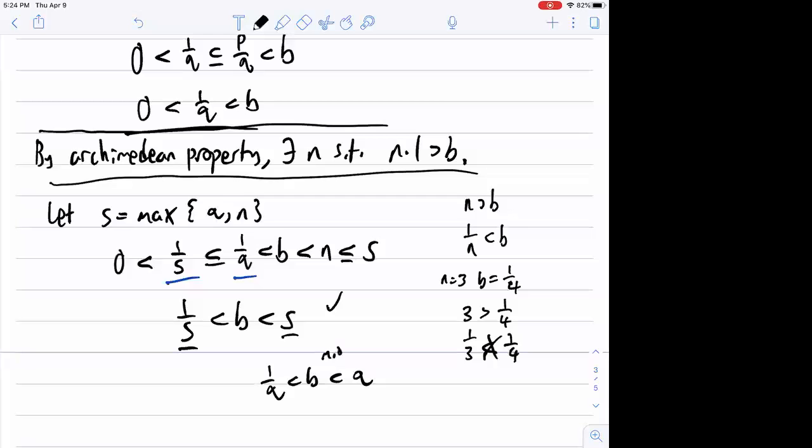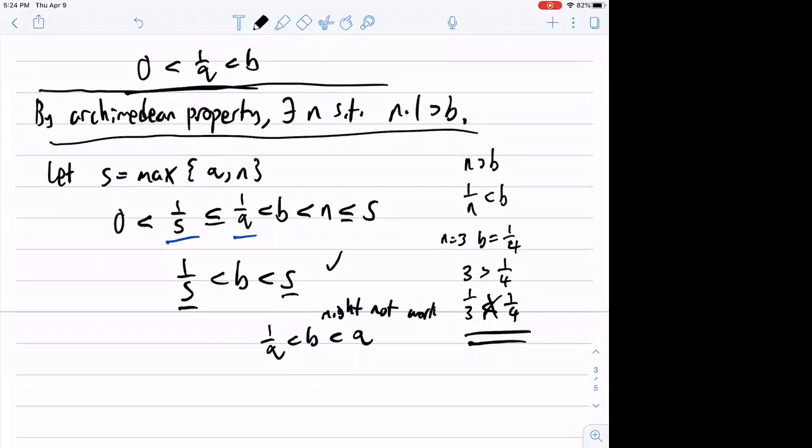Might not work, is what I'm saying. I gave the example above, and from here, I'm saying this might not work either. So we need to somehow combine it in a sense. Okay, so let's continue.